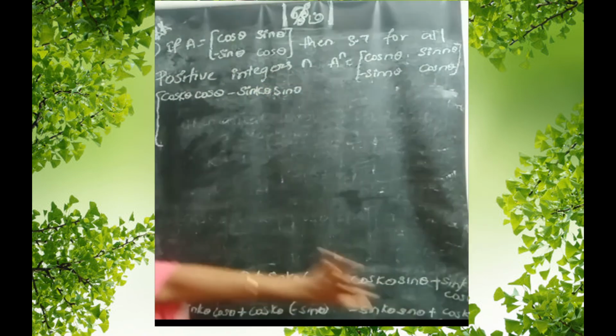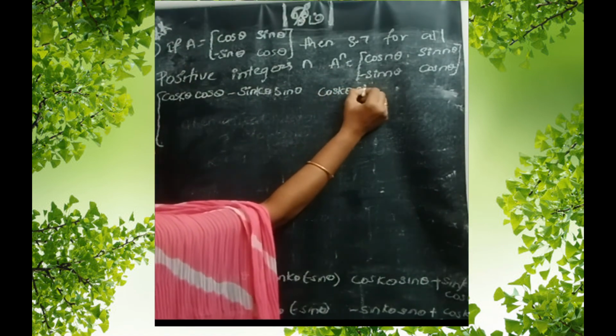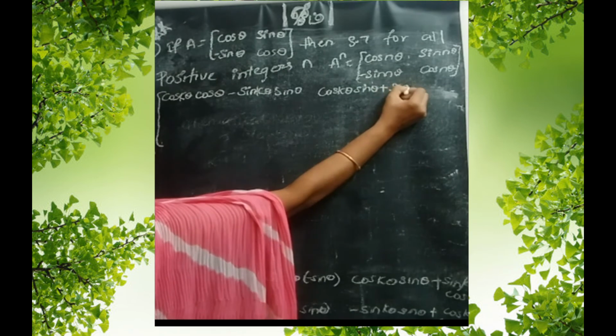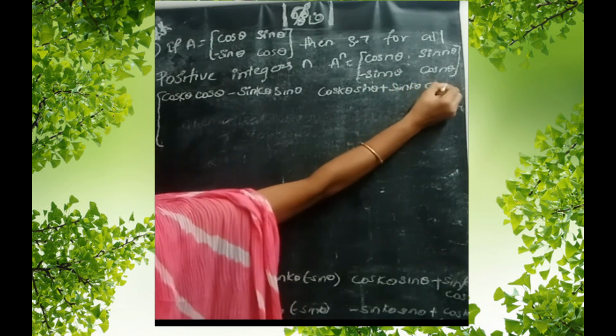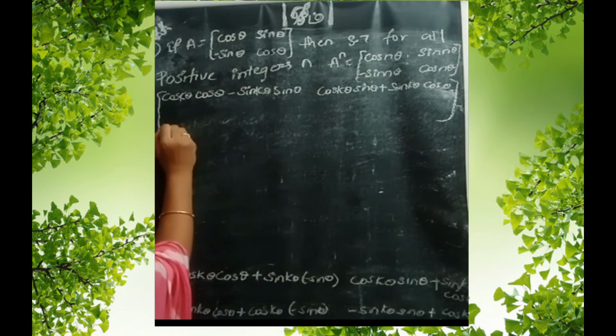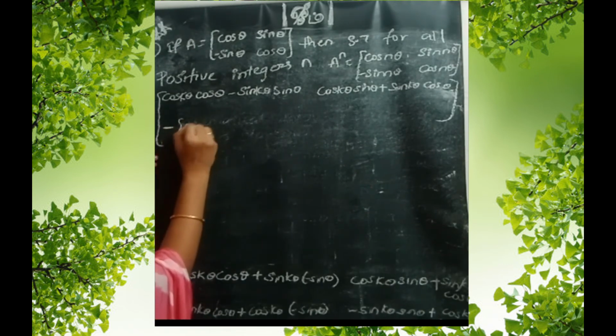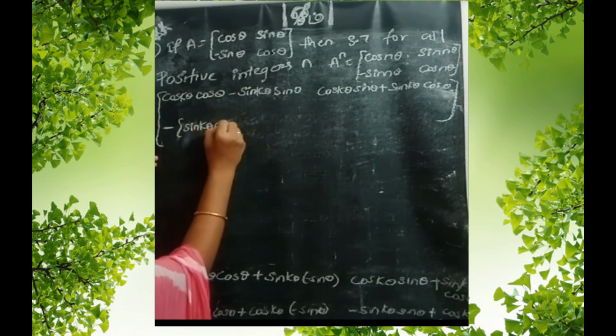Now here this term will be the same. Why? Because there are no negative numbers. Sin k theta into cos theta. Next, here is the minus, so take minus as common. Sin k theta into cos theta.